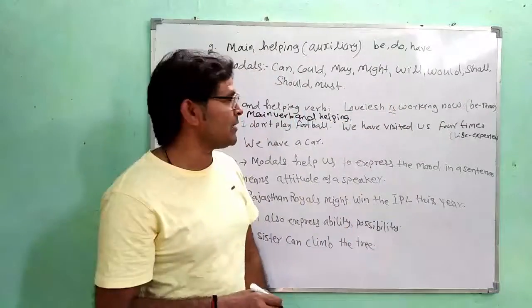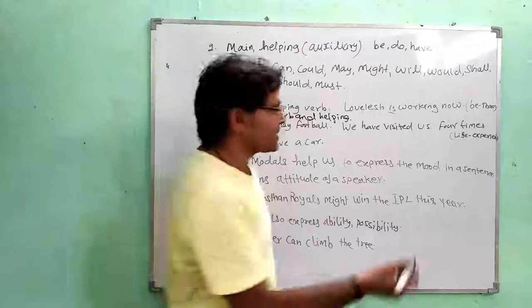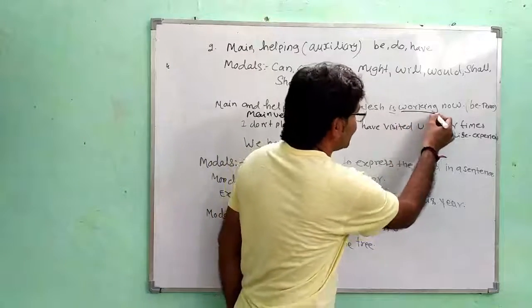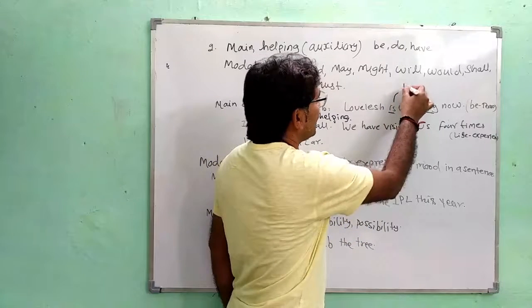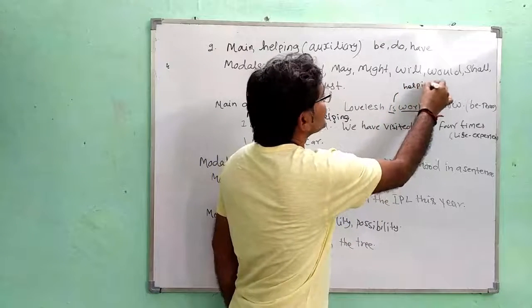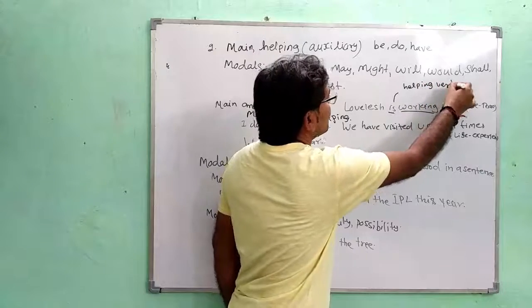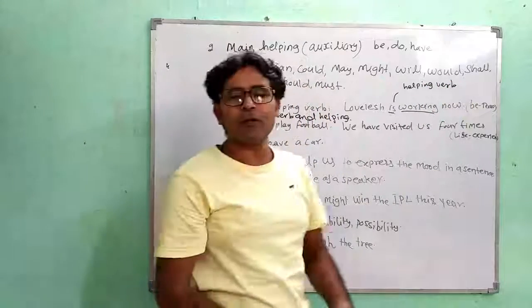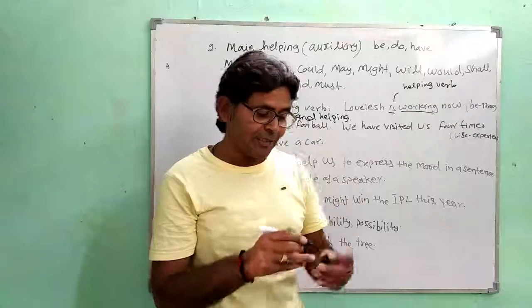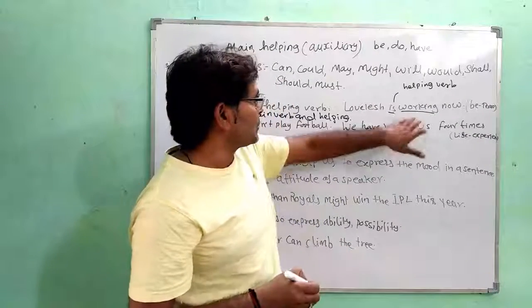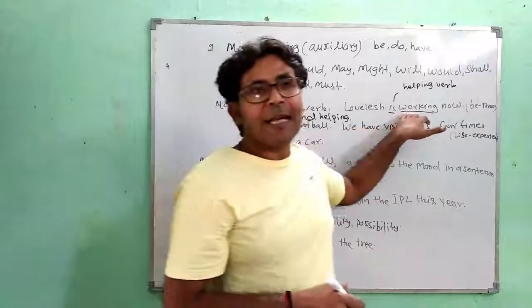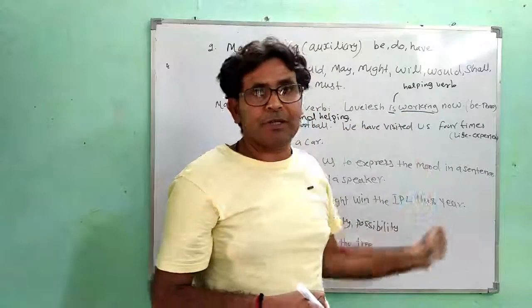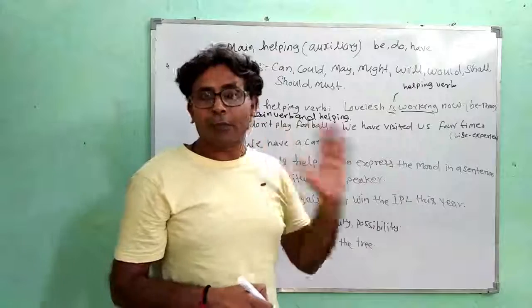What is the main verb in this sentence? Working. Working is the main verb. And what is the helping verb over here? What does a helping verb do in a sentence? This main verb we use for continuous tense, and continuous could be present continuous, past continuous, or future continuous.